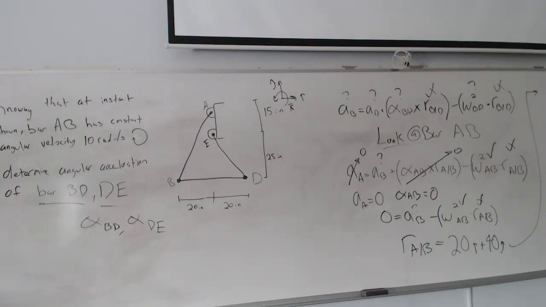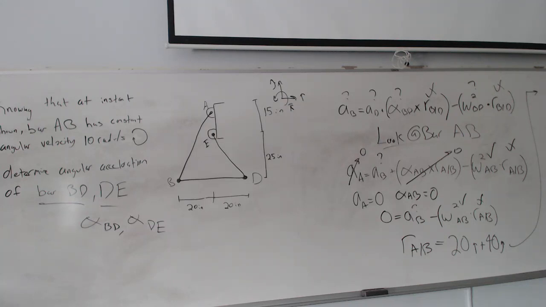So next step. When I was doing this, I chose that I wanted to try to solve for this term next. So that's where I'm going. So solving for the angular velocity of bar BD.